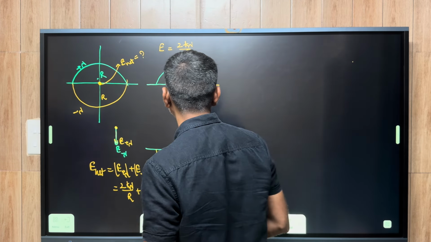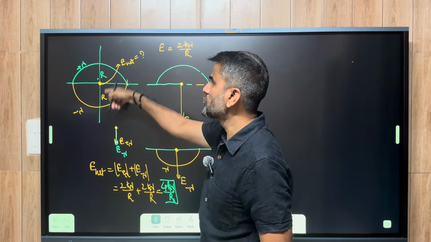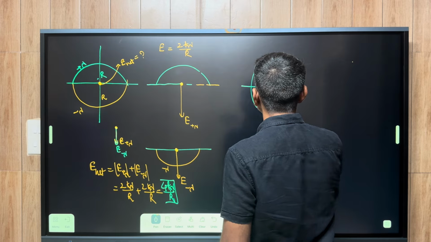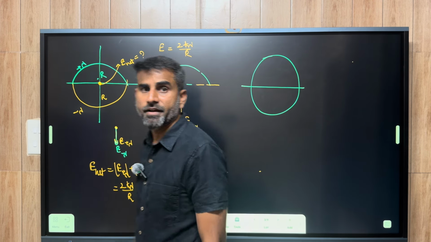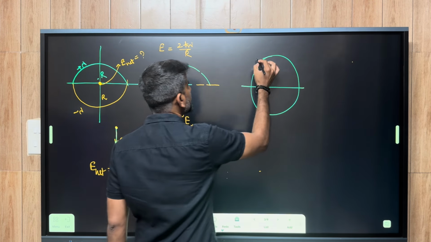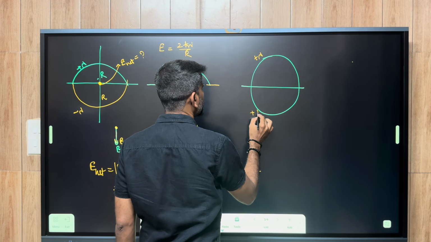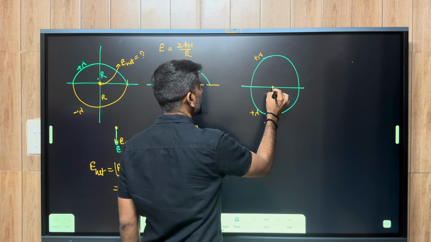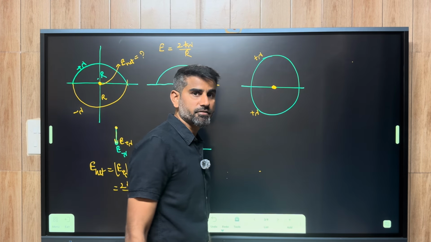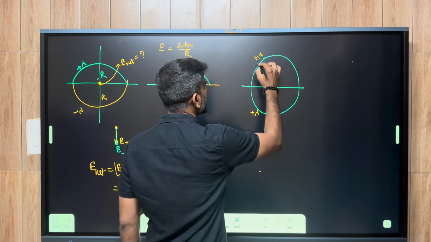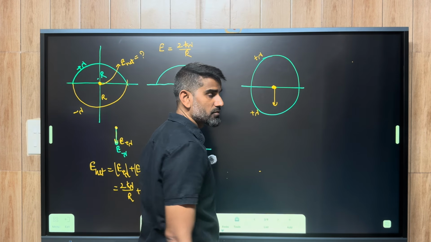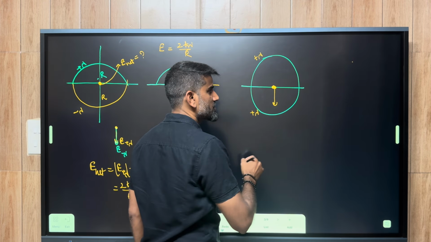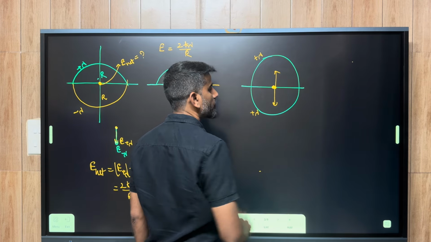Now look at one more example. Instead of taking two semicircular rings, I've taken one ring. If this is positive lambda, this is also positive lambda. Now, what is the electric field at the center? At the center, the field due to this upper section acts in the downward direction, and the electric field due to this lower section of the ring acts in the upward direction.